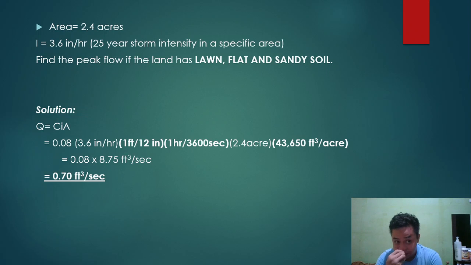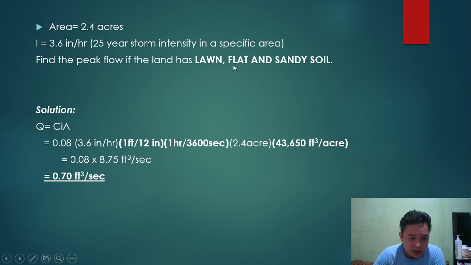So next, with an area of 2.4 acres and also the intensity of 3.6 inches per hour for a 25-year storm intensity and specific area, find the peak flow in the land if the land has a lawn, flat, and sandy soil.